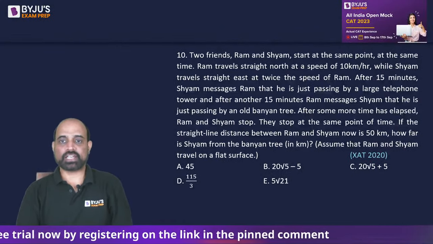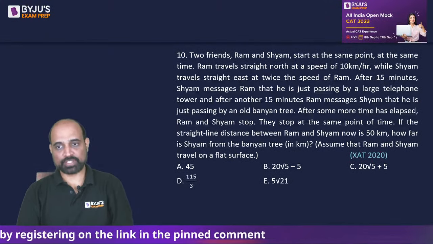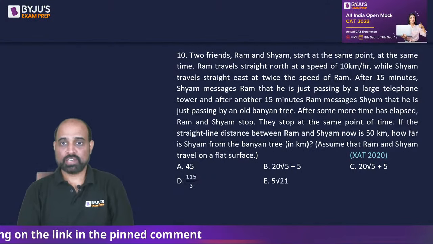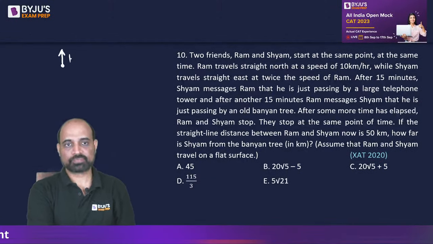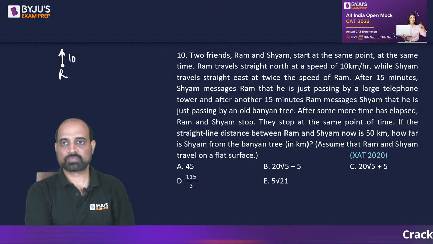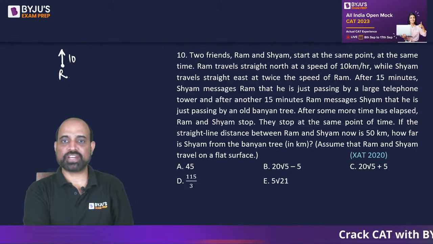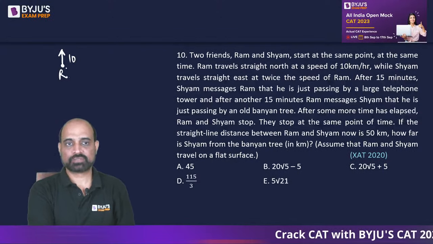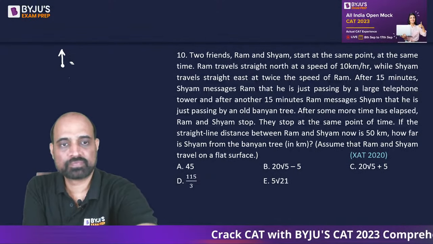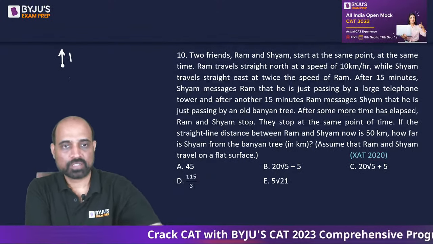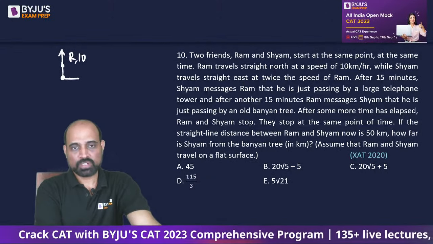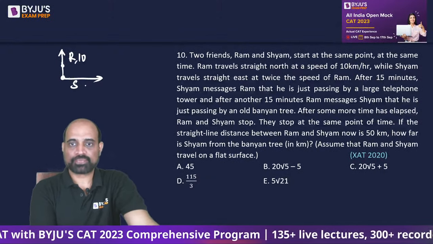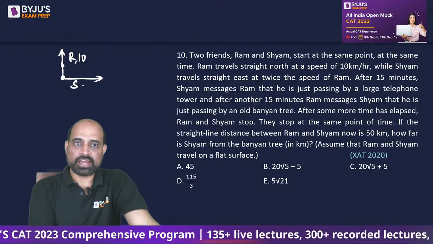Two friends, Ram and Shyam, start at the same point, at the same time. Ram travels north at a speed of 10 km/h, while Shyam travels straight east, at twice this speed.